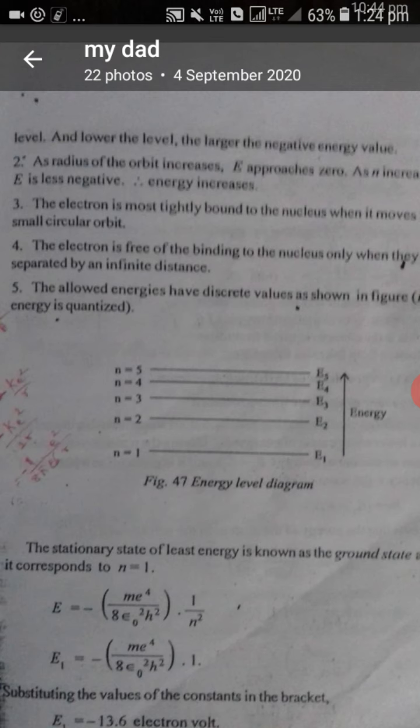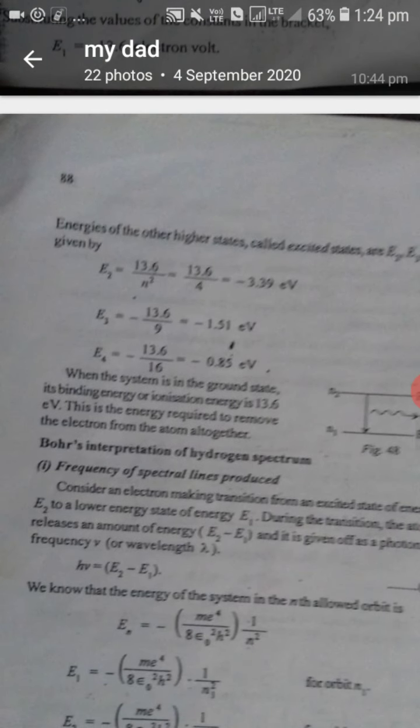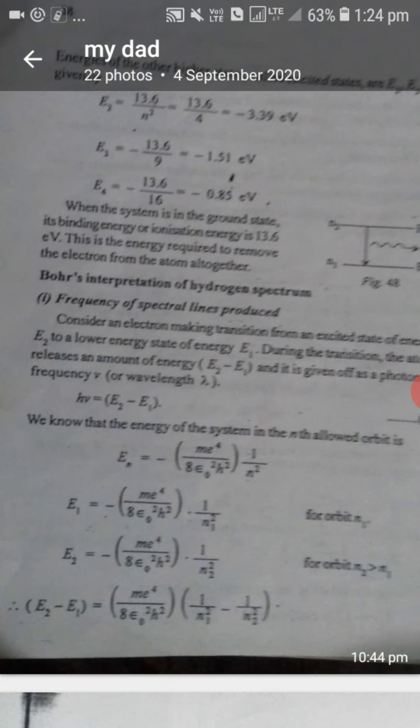The next is Bohr's interpretation of the hydrogen spectrum. Similar to what we have studied earlier, the electron makes a transition from the excited state of energy E2 to a lower energy state of energy E1. During this transition, the atom radiates energy, that is E2 minus E1.